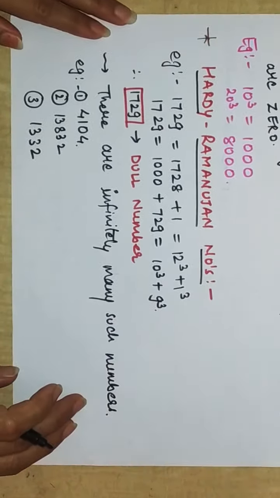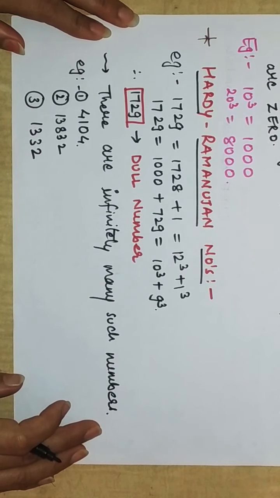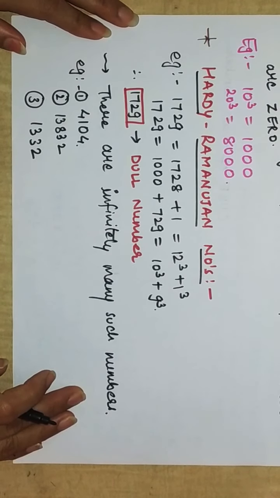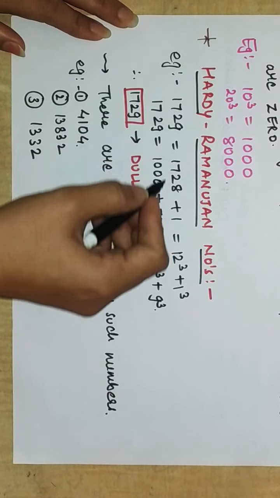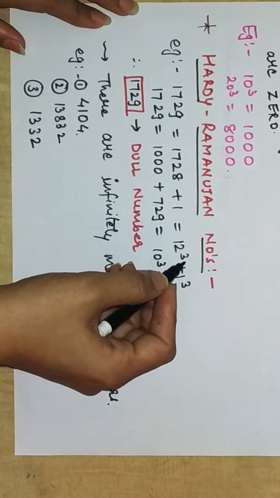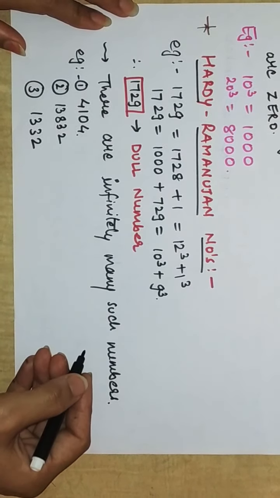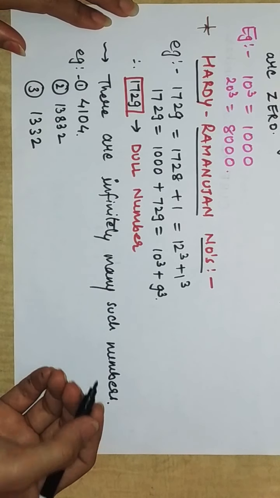Now let us see what Hardy-Ramanujan numbers are. Say if I take the example 1729, I can split 1729 as 1728 plus 1. That is 12 cube plus 1 cube. So Hardy-Ramanujan numbers are what? They are the summation of two cubes.